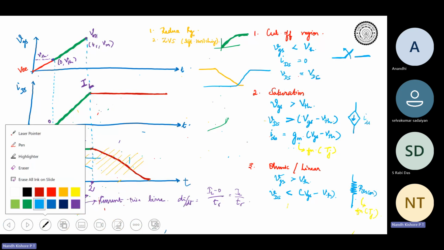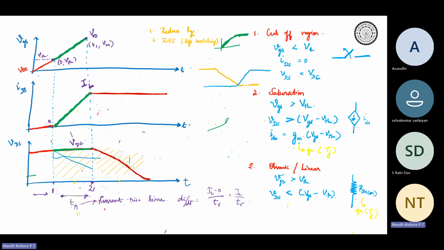There are techniques, but I think that is beyond the scope of this course. You constantly need to sense this voltage VDS or current, and based on that you make some feedback. There are also auxiliary circuits that will bypass the current.